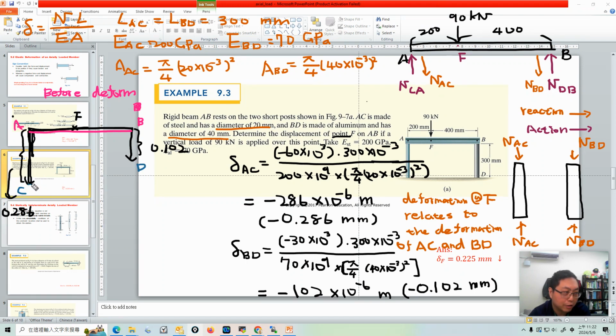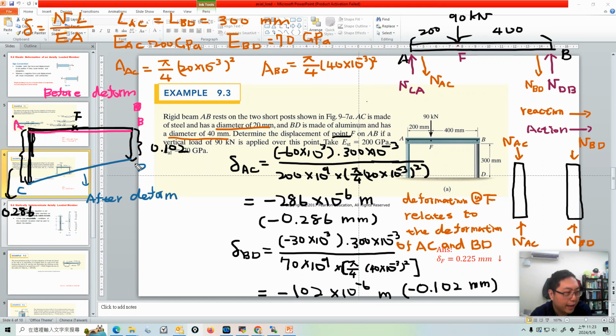Because they connect to each other, here is the shape after deformation. Can you imagine that? Before deformation, ACB is in the same plane. After deformation, we have the deformation on the AC part and the deformation on the BD part. Because of this small deformation, we just treat this as a straight line.